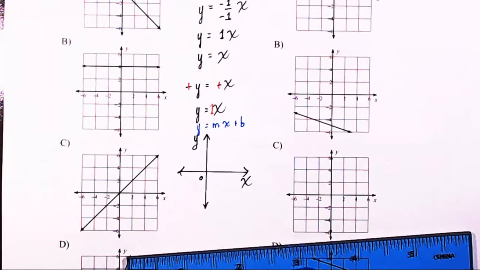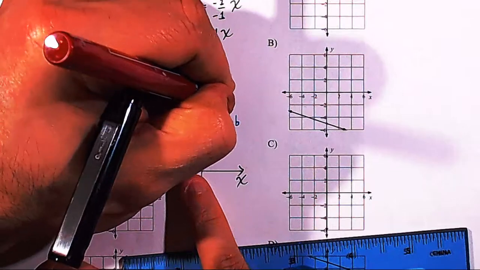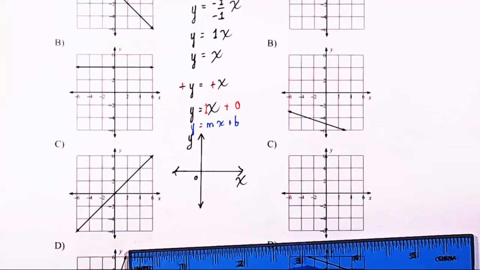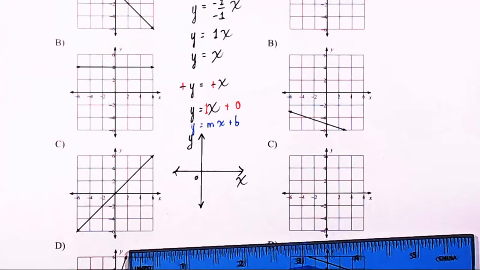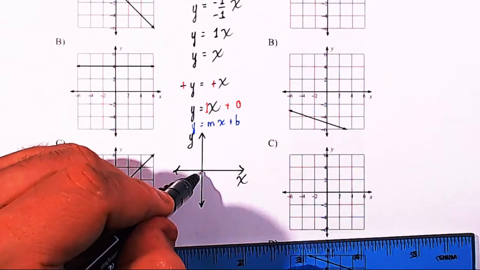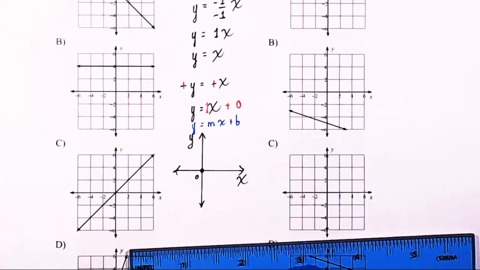So m is 1. What's b? Well, again, we don't write this, but I could say plus 0. So y really, it's not y equals x, it's y equals 1x plus 0. Now that actually helps us graph, because that means that my y-intercept is 0, 0. So that's a point on the line.